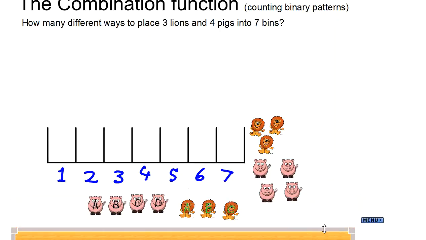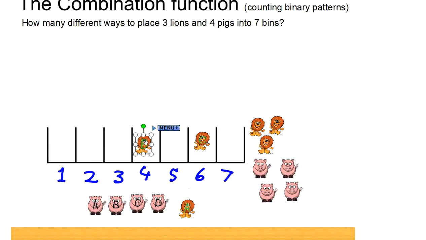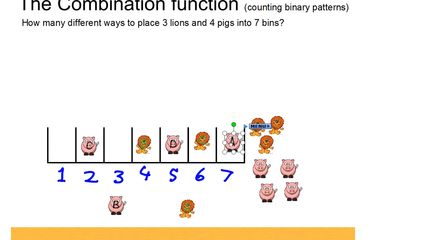So we have here 4 pigs marked A, B, C, D, and 3 lions marked A, B, C. Now the number of ways to put them would go something like this. Maybe we'll put this lion here, and this lion here, this pig here, and this pig here, and this pig here, and this pig here, and this lion here.